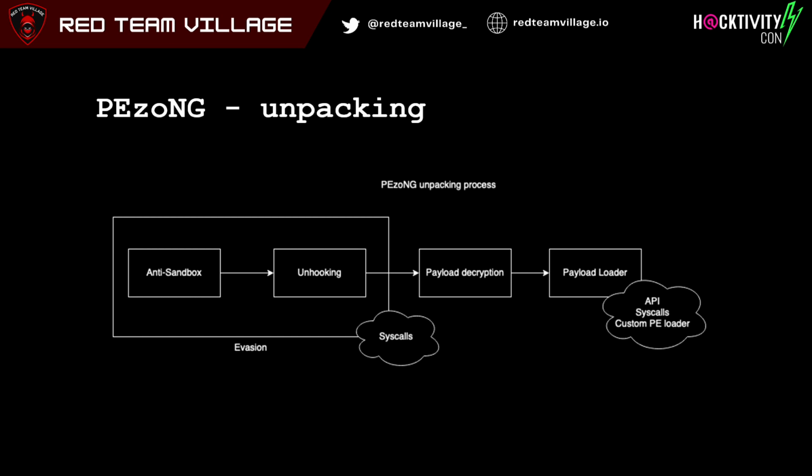After the evasion operations are completed, the payload is decrypted and we start the loading process, in which we perform different operations, which depends on the type of payload provided as input. In particular, we implemented also a custom PE loader that supports both unmanaged and .NET binaries.